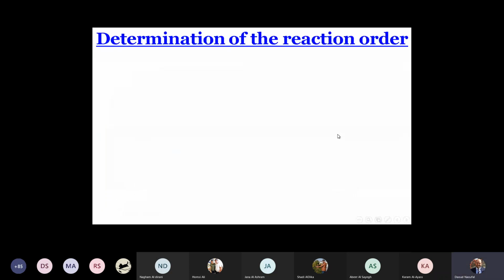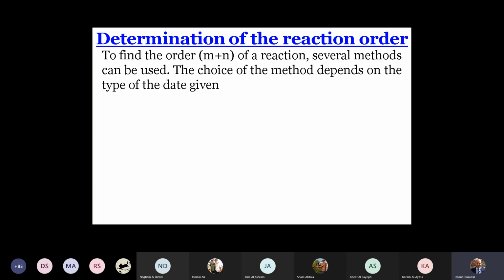Determination of the partial order of the reaction, and therefore determination of the global order of the reaction. To find the global order m plus n of a reaction, several methods can be used.